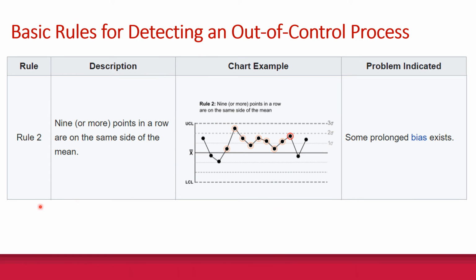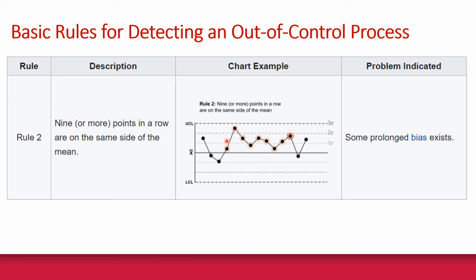Rule 2 says that if 9 or more points in a row are on the same side of the mean. Here, for example, here's the mean, and you have 1, 2, 3, 4, 5, 6, 7, 8, 9 points all plotting above the mean. Well, that would be unusual, because there's something causing this. Even though these points did not exceed the 3 sigma level, if you get this many points plotting above the mean, something has changed.